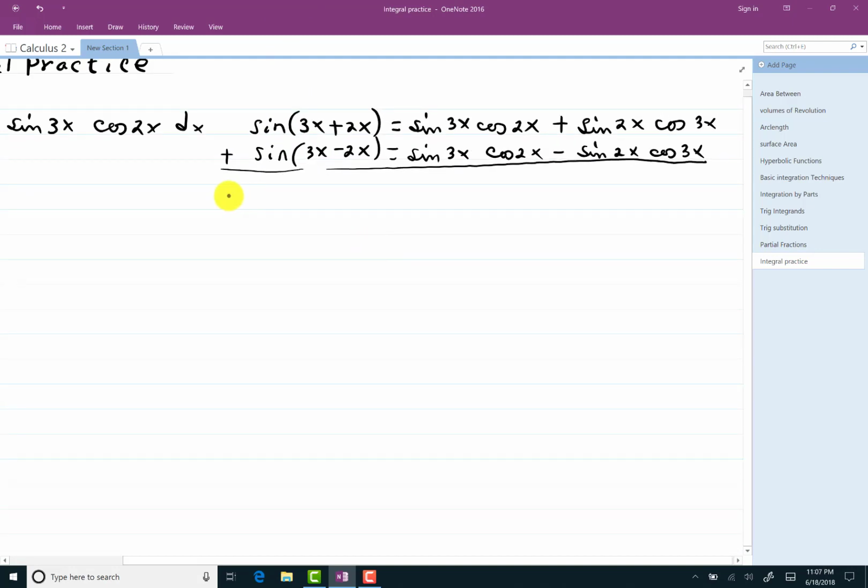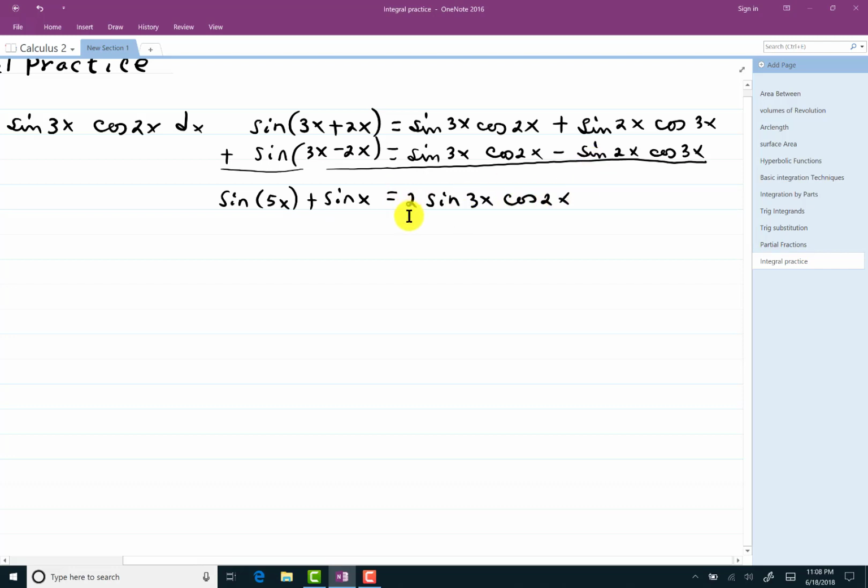So let me write that on the left. I have sine of 5x plus sine of x equals, now right here, these cancel. Sine of 2x cosine 3x cancels out, and I'm left with what I wanted, the desirable sine of 3x cosine of 2x.